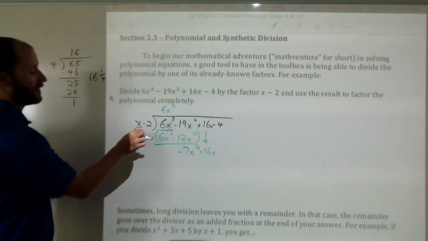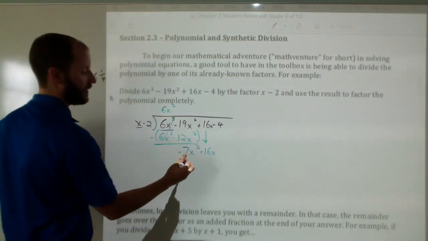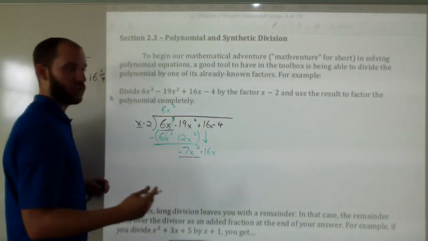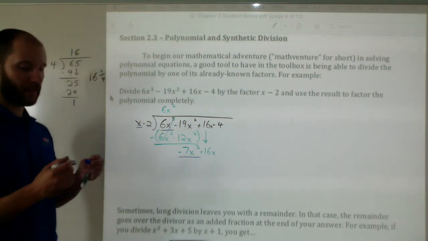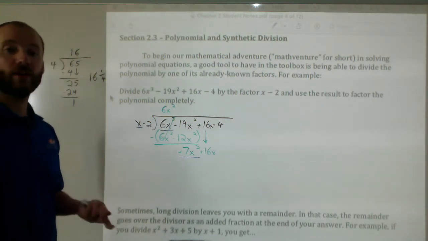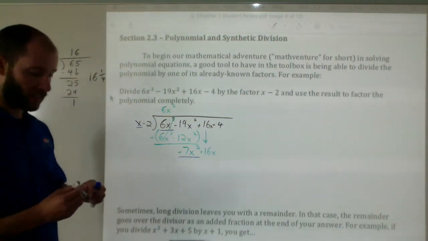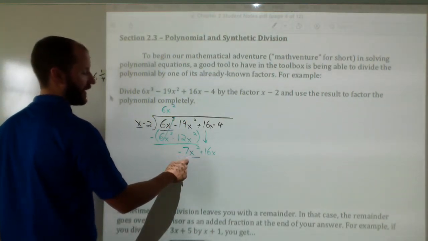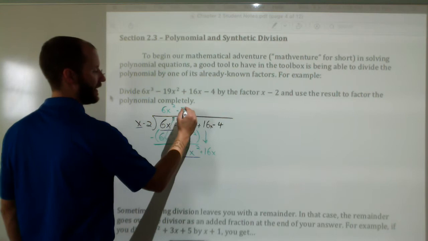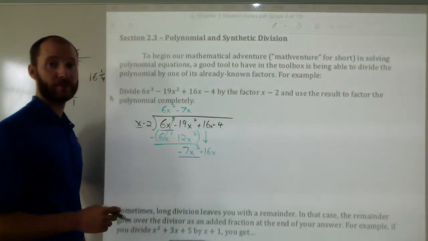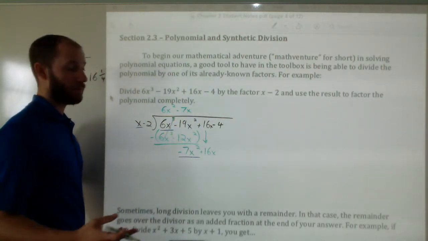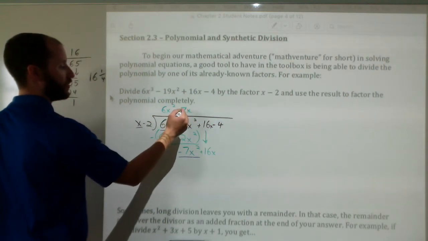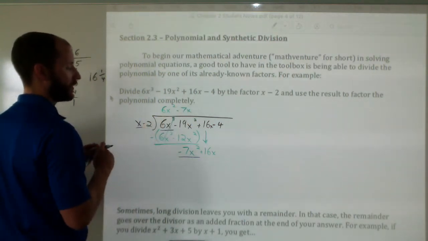Now the x is still the leading term on the outside. Negative 7x squared is your new leading term on the inside. So now it's that same process all over again. How many times does x fit into negative 7x squared? That'd be negative 7x times. And now we multiply, but because it's a binomial, you need to distribute that negative 7x.